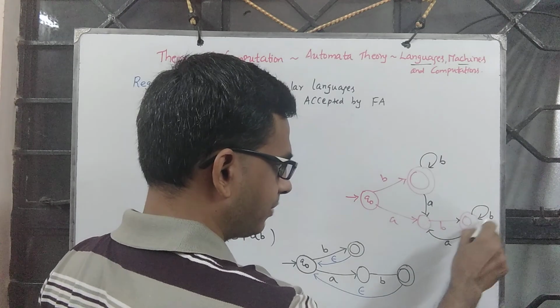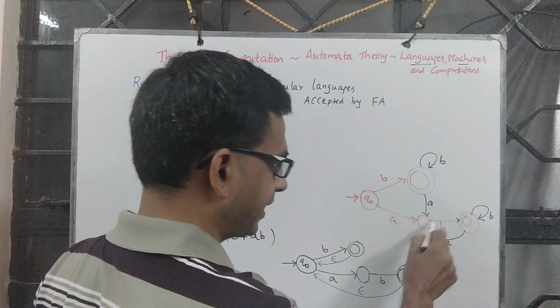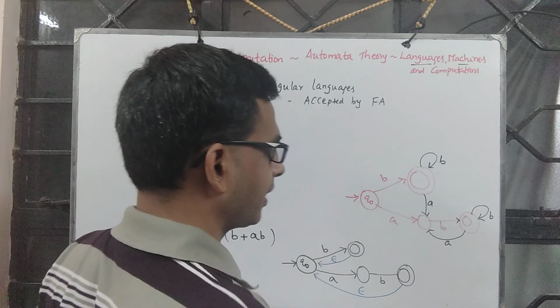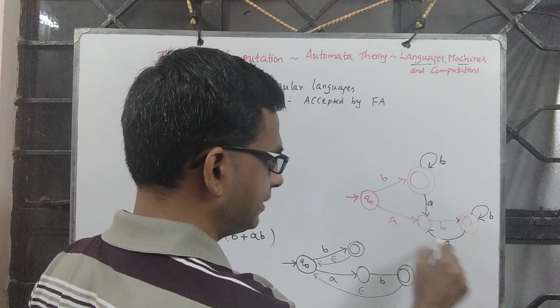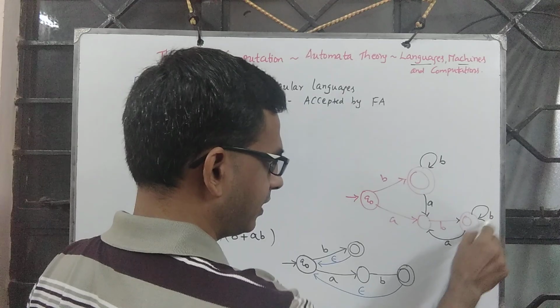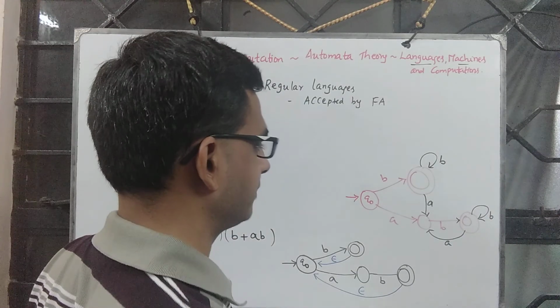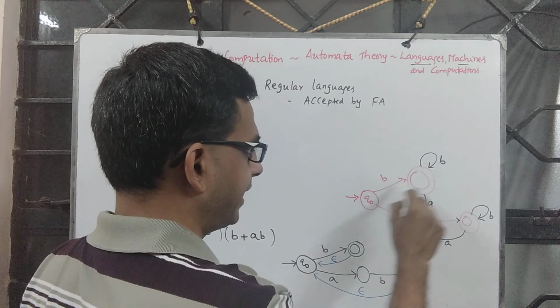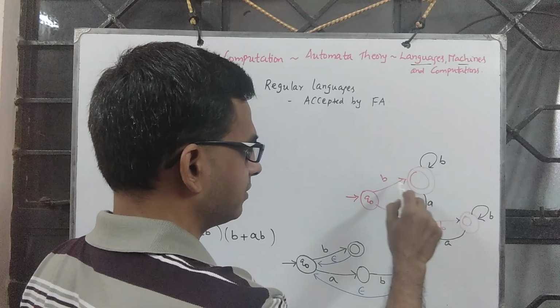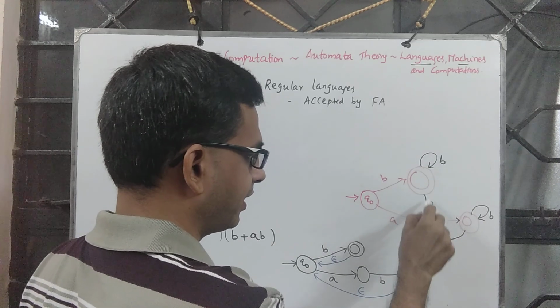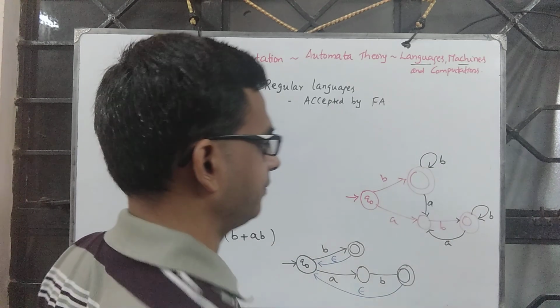You may want to read some more B's, yes, and then come back to this. And this will ensure the pattern ends with AB or a sequence of B's. Similarly, you may get just a sequence of B's followed by AB or just a sequence of B's.